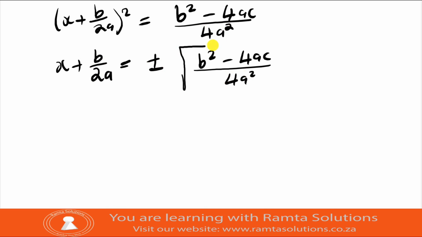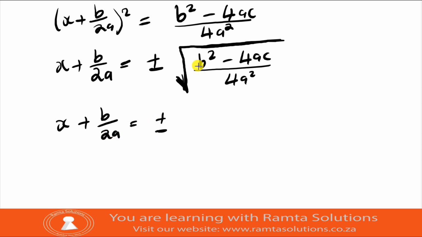So I'm not forgetting that I said the square root. I like writing my square root so that it is not squeezed onto the page. Okay, so we can further simplify this. So I'm still going to continue and say this is x plus b over 2a equals plus minus. This cannot be reduced in any way, so let me just write it like that. I don't know what is the square root of this guy, so I'm going to leave it like this.